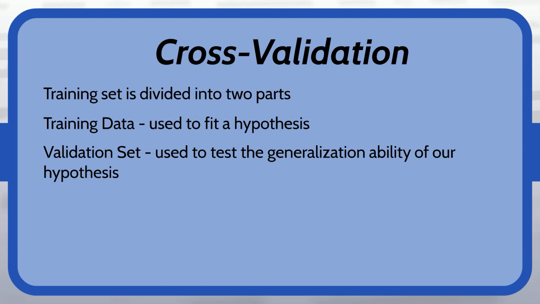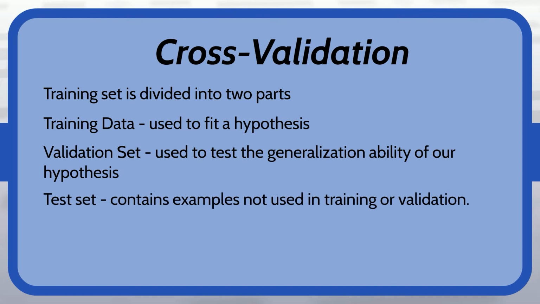So not only are we optimizing our parameters, but we're also finding the best hypothesis class for our data. And that is why this validation set is very important. Because if we only use training data, the higher order polynomials or the more complex algorithm is always going to have a lower error on the training data. But that's not necessarily what's important. It's the ability to generalize to new instances.